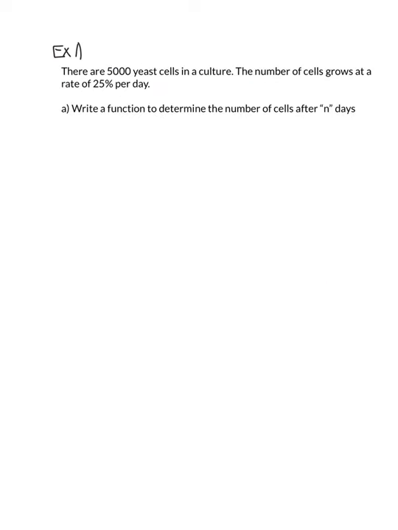Example 1 says, there are 5,000 yeast cells in a culture. The number of cells grows at a rate of 25% per day. Write a function to determine the number of cells after n days. So the first thing that I'm going to do is go ahead and write that formula that we talked about on the previous slide. P of n is equal to P naught times 1 plus r to the n.